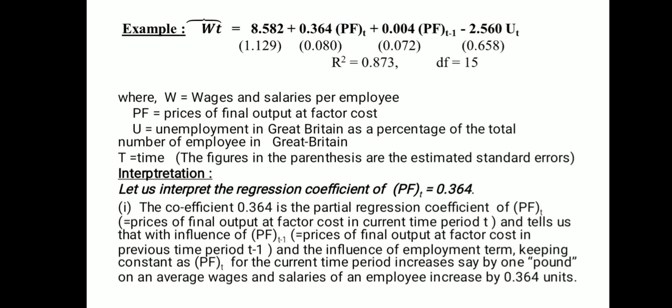Similarly, for beta 3, that is 0.004, the standard error is equal to 0.072. R squared, the coefficient of determination, is 87.87, which means 87% of the variation in the y variable is explained by the regression.